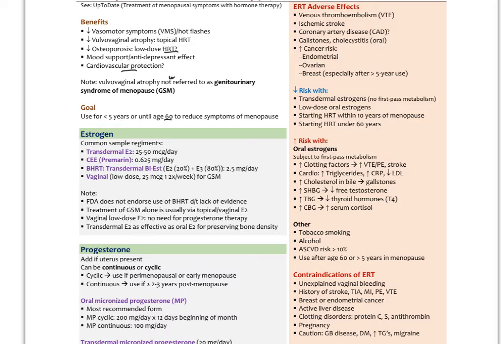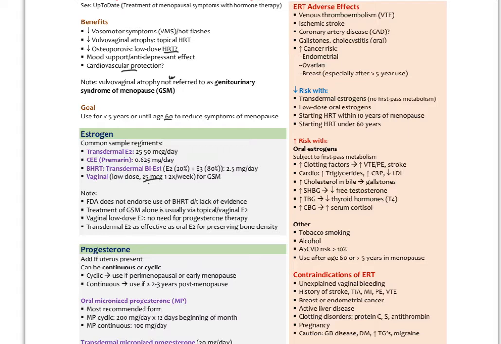If you ever have questions about this, if you think it might be appropriate to use this therapy in a patient, you can just call the compounding pharmacy and they can walk you through how to put together a prescription for that. They're always very helpful in that regard. For the genitourinary syndrome of menopause, vaginal low dose, that's 25 micrograms, 1 to 2 times a week, is typically what's used there.